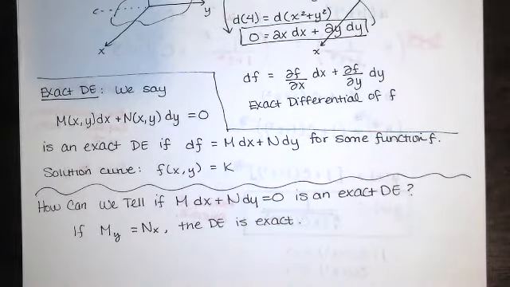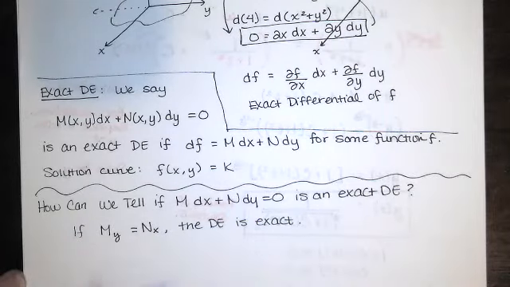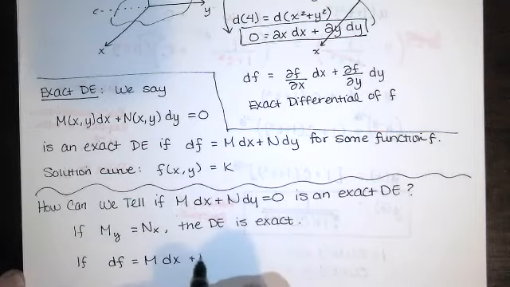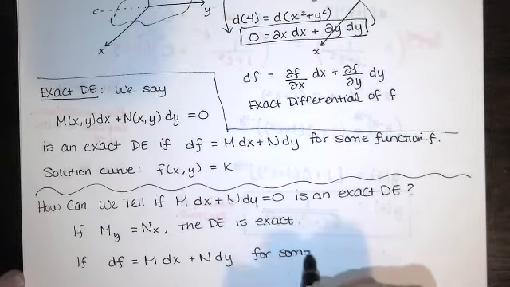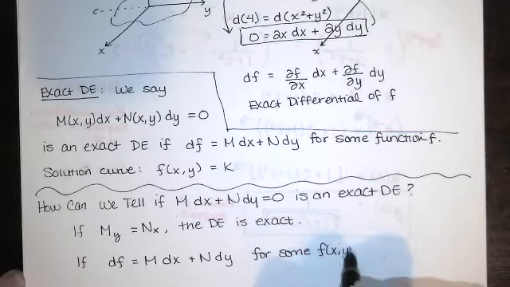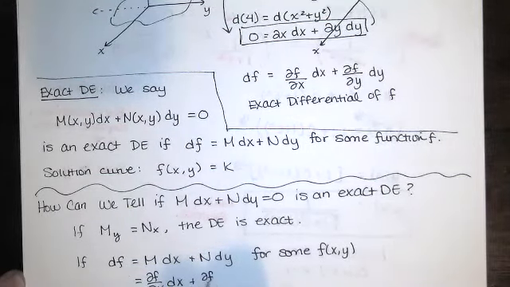And you might be saying, why is that true exactly? Let me remind you, if this is the exact differential of some function f, then this is the partial of f with respect to x times dx, and this is the partial of f with respect to y times dy.